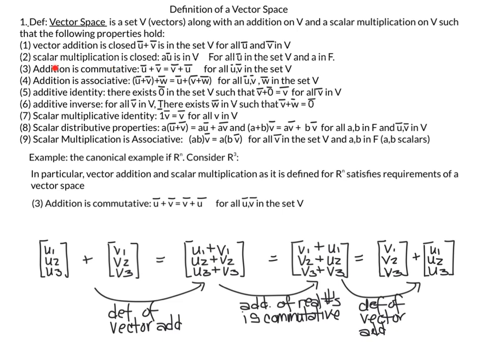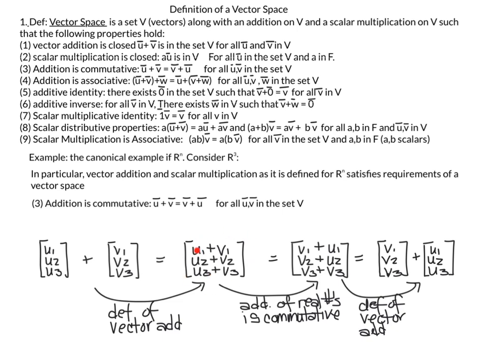Our next property is addition is commutative. So when I add the vector u to a vector v, that's equal to the vector v plus the vector u. Here I have my vector u, which is u1, u2, u3, and my vector v, which is v1, v2, v3. Using the definition of vector addition, component by component addition, I get u1 plus v1, u2 plus v2, and u3 plus v3.